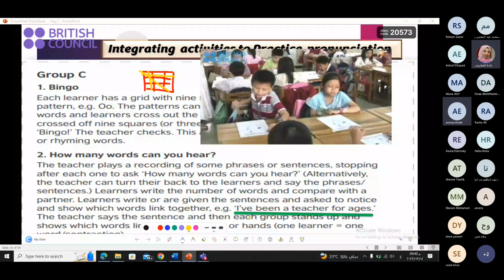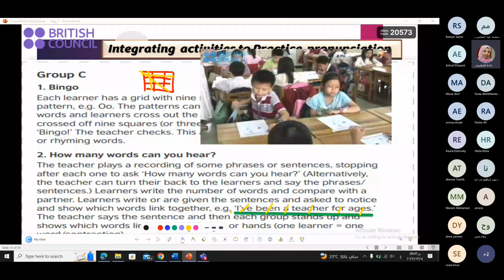Excellent. Because we consider the contraction here as one word. I've. So it is one word. Right. So it's another activity that you can use with your students in order to teach them pronunciation as well.